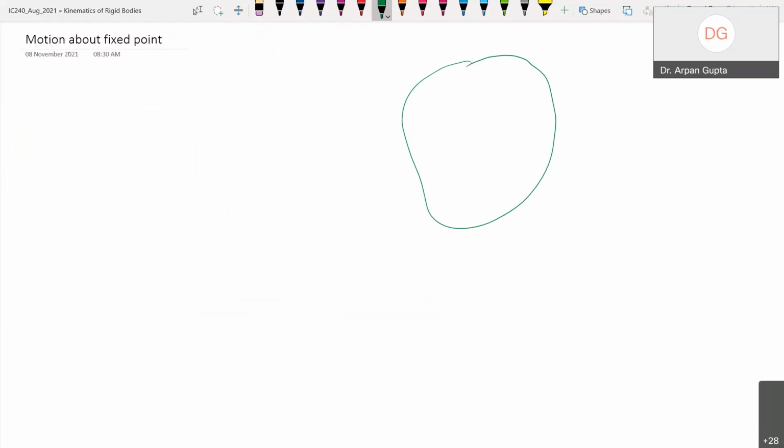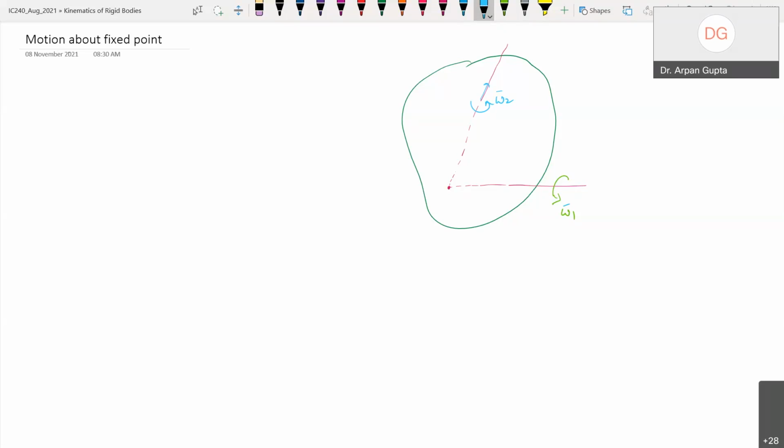So let's say we have this rigid body, and there is some point about which it is rotating in two different directions. Two different directions need not be perpendicular, it can be in any two directions. So let us say about this axis it is rotating like this. So it has got an angular velocity of omega 1, and about this axis it has got an angular velocity of omega 2. So this is omega 1 vector and omega 2 vector.